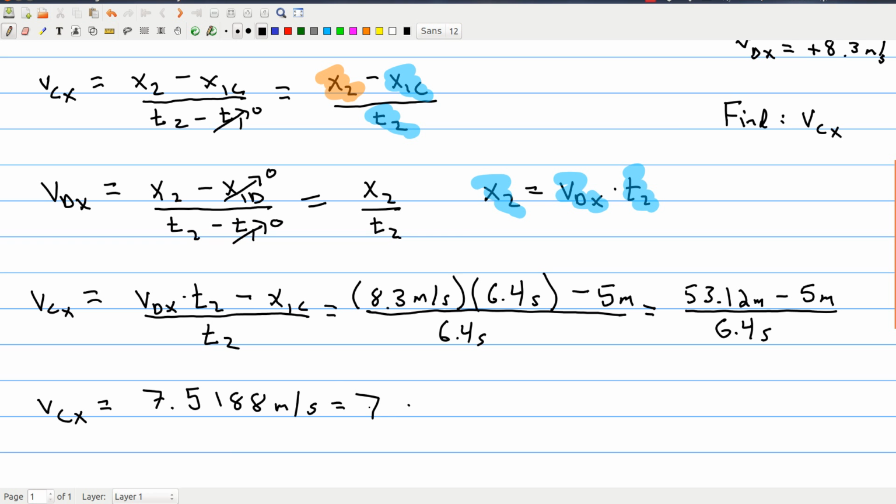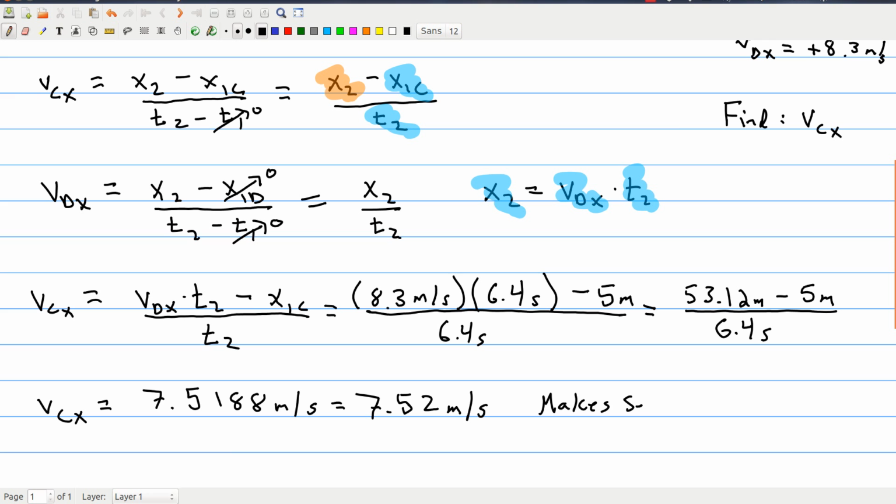We're going to round that to 7.52 meters per second. Remember, when entering numbers into long kappa, you always want to keep at least 3 digits because it's typically checking to see if you're within a few percent. So I kept more digits throughout the whole calculation than I needed, and then I round to 3 at the end.